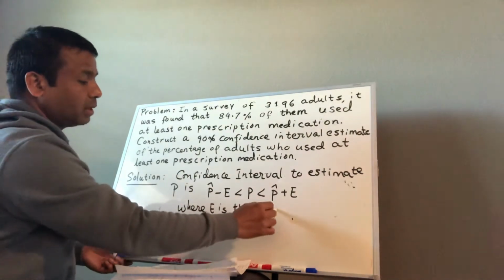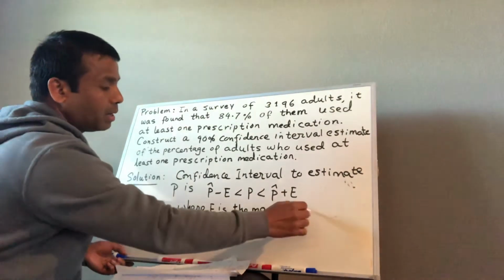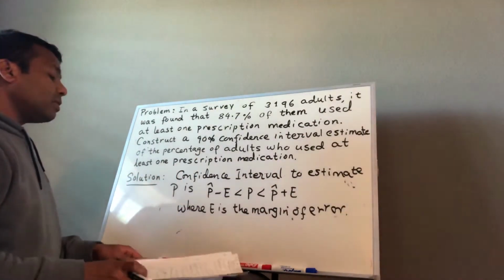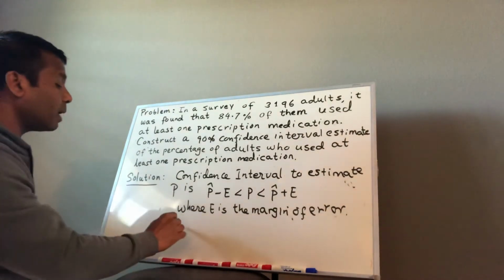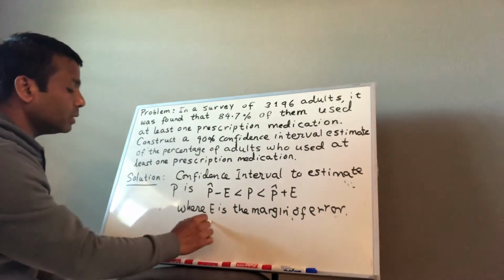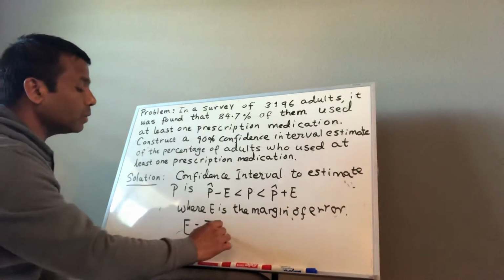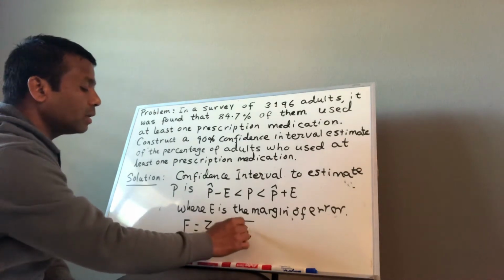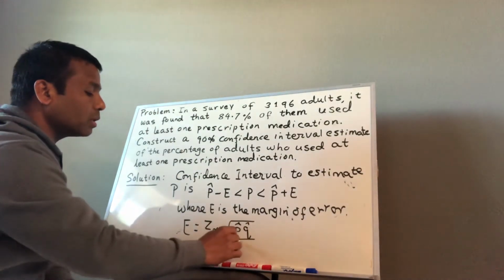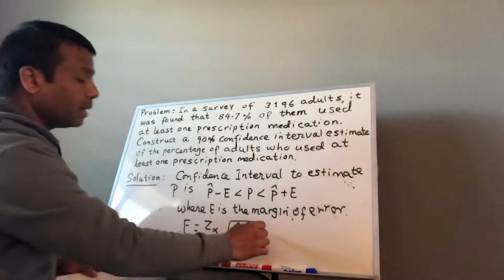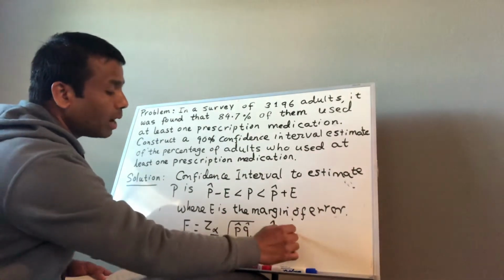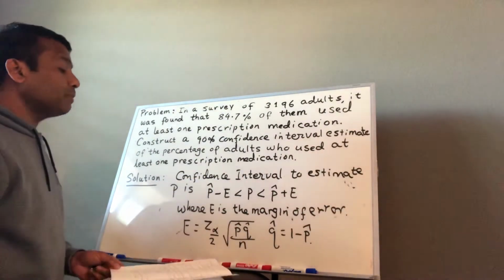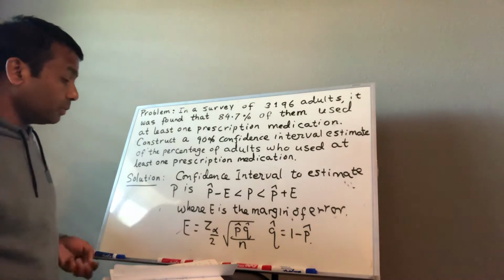And you guys know that the margin of error is given by E equals z sub alpha over 2 times the square root of p hat times q hat over sample size n, and this q hat is 1 minus p hat. So this is the formula to find the margin of error.